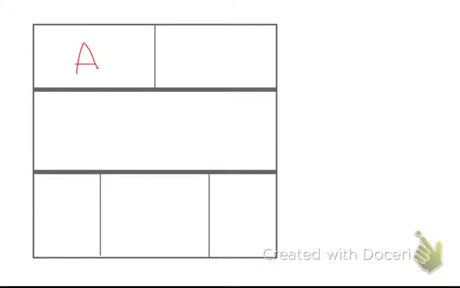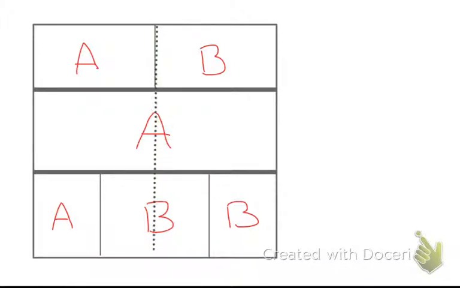Well, if this is A, and this is B, and this is A, and this is A, B, and B, I can make this now into a fraction. I basically break this down until all of these boxes are the exact same size. And what I end up getting is 12 evenly spaced boxes. Right? Okay. I have 12 evenly spaced boxes.